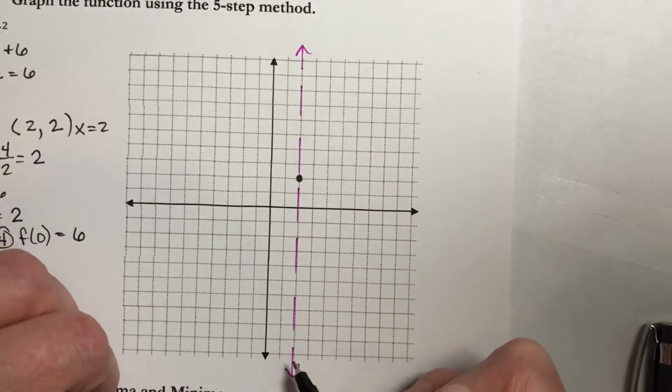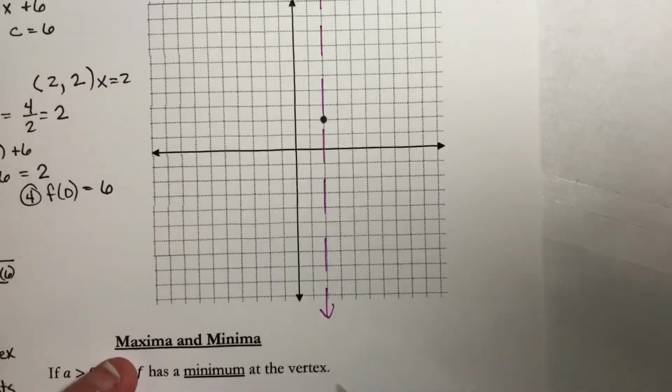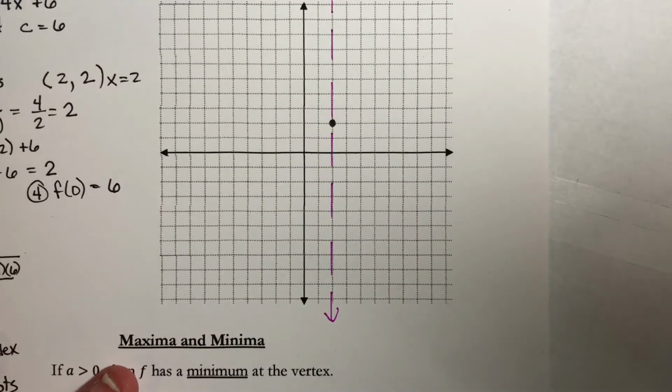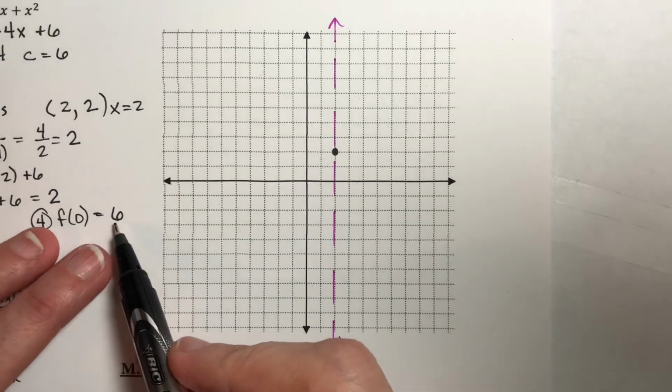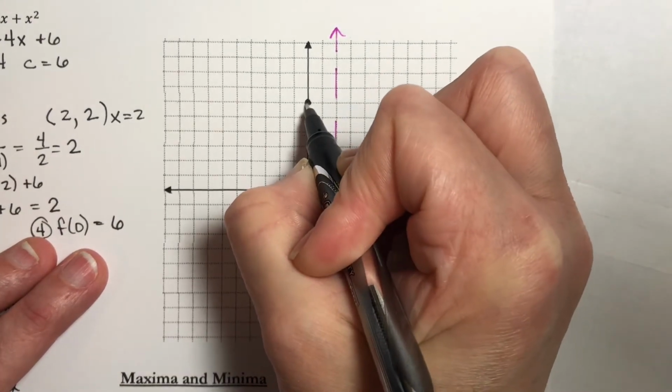I know I have symmetry about that line, so I can make that happen if I need to. I would plot my x-intercepts if I had any, but I don't have any. My y-intercept is 6. 1, 2, 3, 4, 5, 6 is right here.